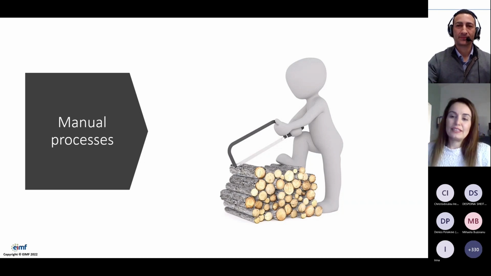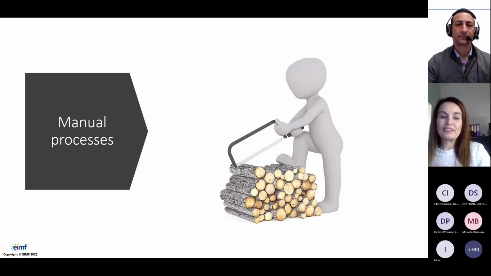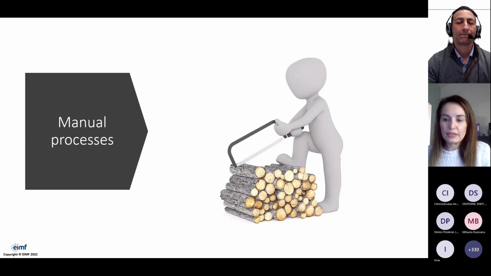Manual processes. Many companies still rely on manual processes to identify risk and to monitor their risks. It's very dangerous. As we said already, criminals are innovating, finding new ways to launder their funds, and we need to find new ways to monitor those risks and be able to identify specific trends.